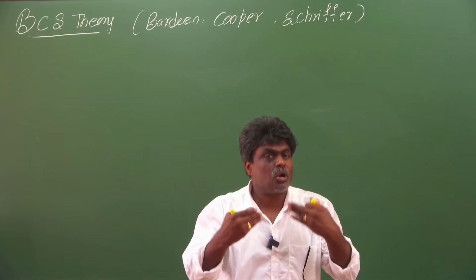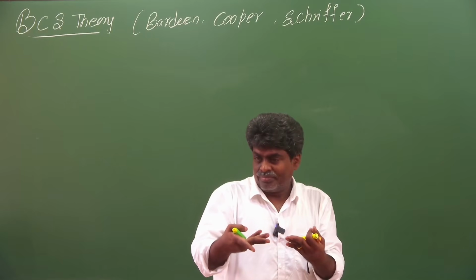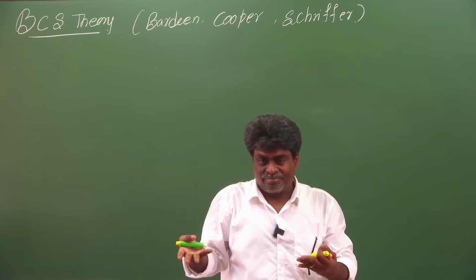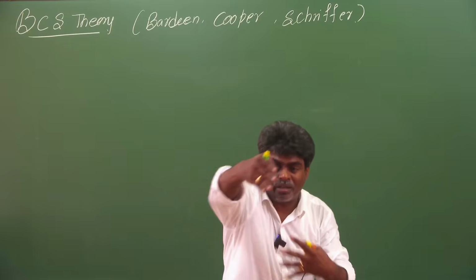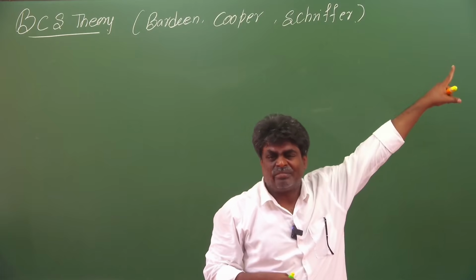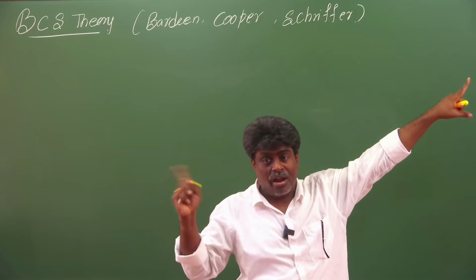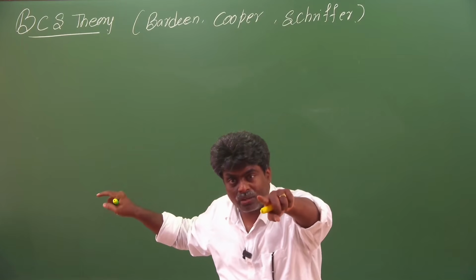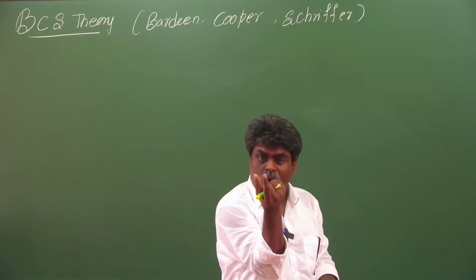Due to the distortion in the lattice, we get phonons, and these phonons spread throughout the lattice. And the two electrons are interacting with phonons. It is already confirmed that there must be some interaction between electron and phonon. So like that, although these two electrons have a repulsive force, still they are able to form a pair.